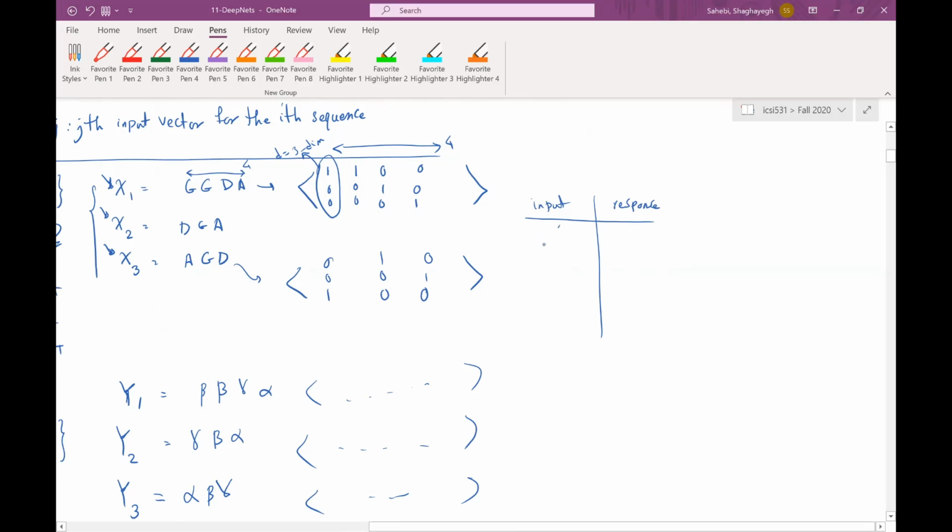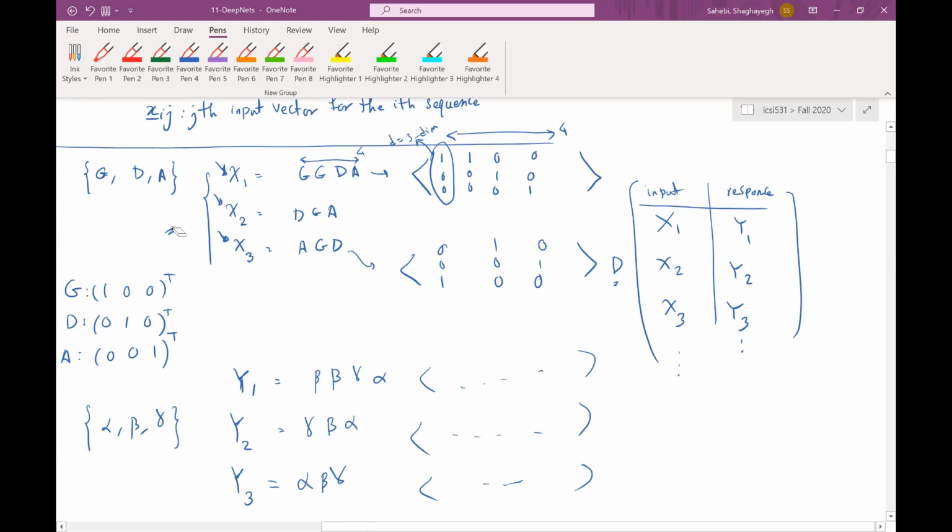So pairs of sequences, x1, y1, x2, y2, x3, y3, etc. So this is our D. All right. So this is an example of what sequential data may look like and what kind of task we want to do with this kind of sequential data.